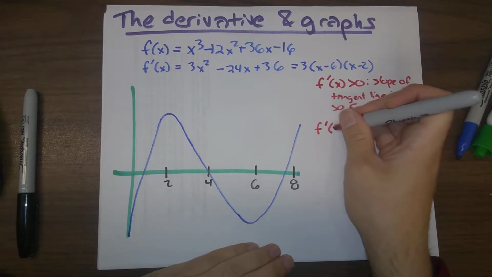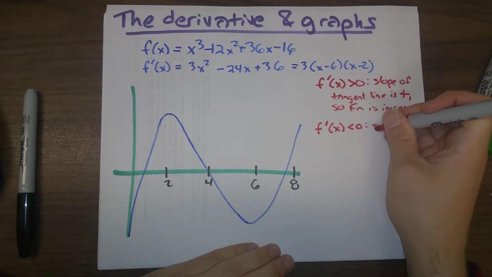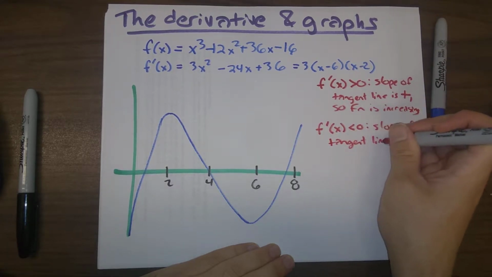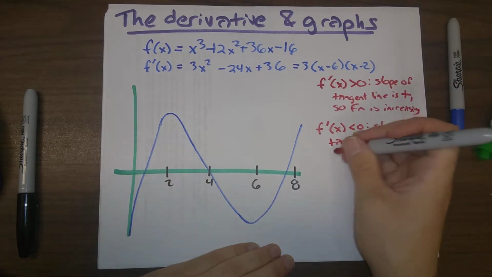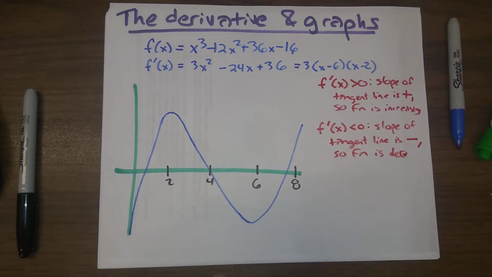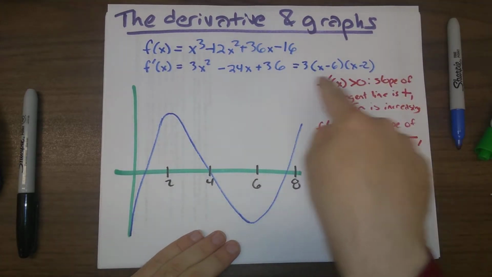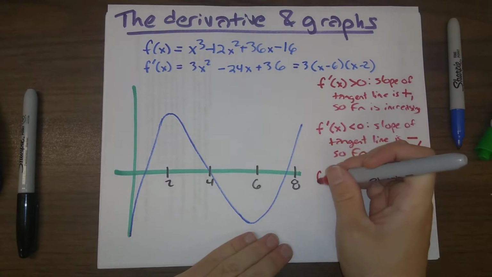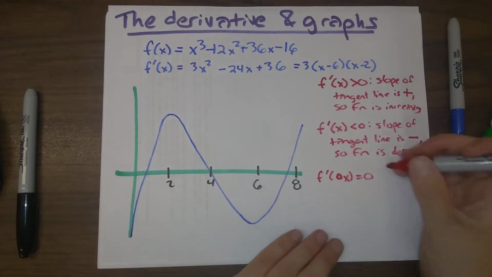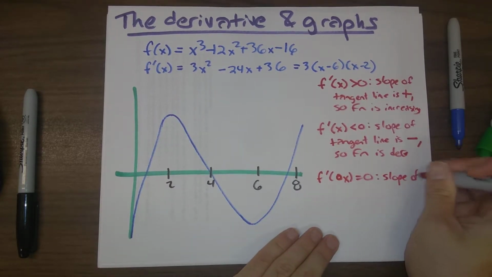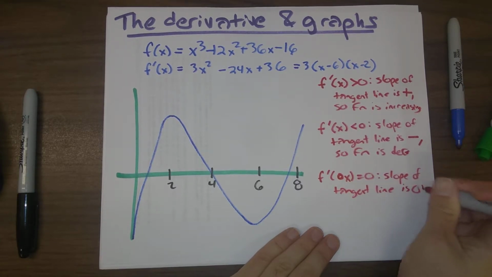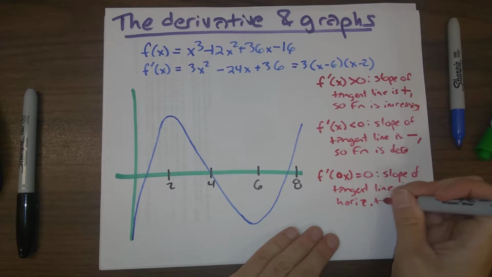If the derivative is negative, the slope of the tangent line is negative, so the function is decreasing. There's a leftover case here. What happens if the derivative is 0? The slope of the tangent line is 0, which means we have a horizontal tangent line.